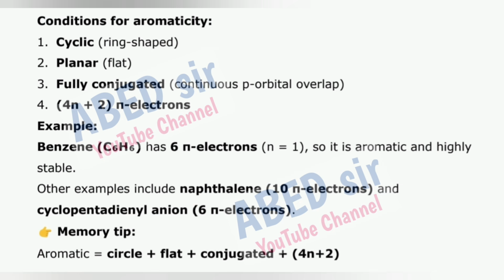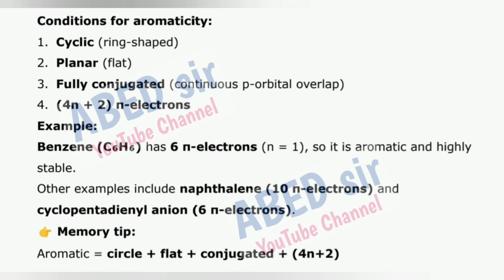Example. Benzene, C₆H₆, has 6 pi electrons, n is equal to 1, so it is aromatic and highly stable. Other examples include naphthalene, 10 pi electrons, and cyclopentadienyl anion, 6 pi electrons. Memory tip.